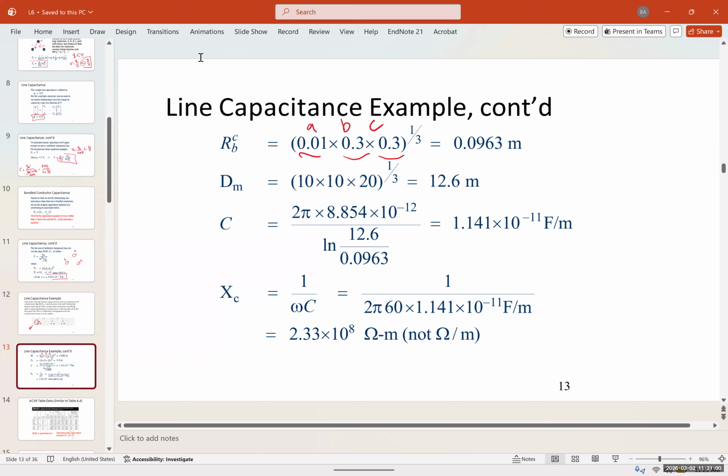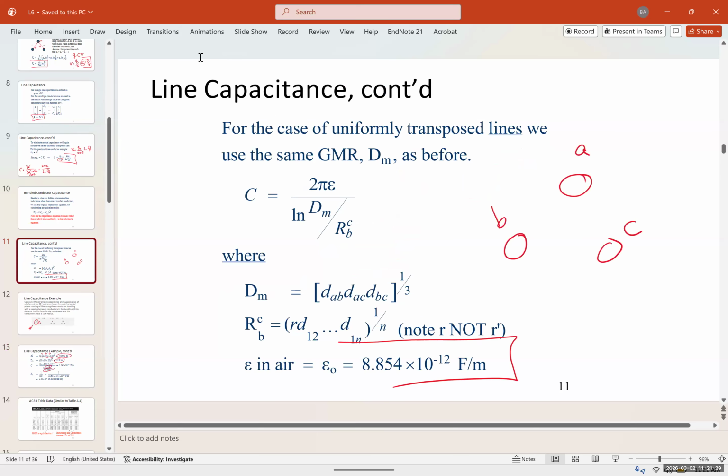Now C is 2 pi times 8.854 times 10 to the power of -12 over ln of dm over r itself, which gives us 2 pi times 8.854 times 10 to the power of -12 over ln of dm over RCB. dm over RCB comes from this equation again.